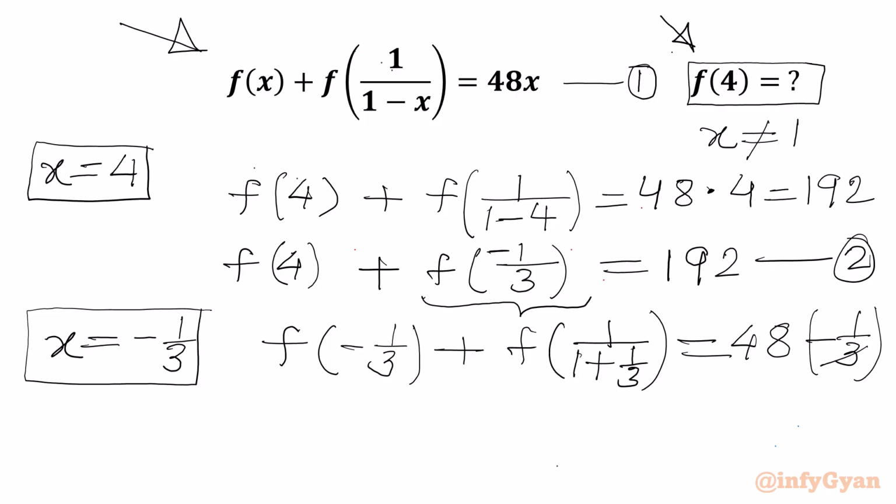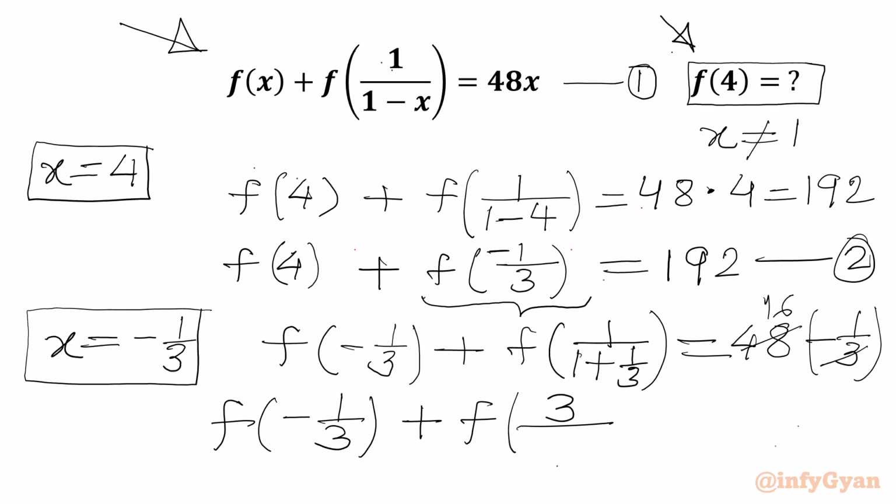So this 3 and 48 will be over. We will write 16 here. So our final equation will be f of minus 1 over 3 plus f of 3 over 3 plus 1. So 3 over 4. And RHS will be negative 16. I will consider this is our equation number 3.